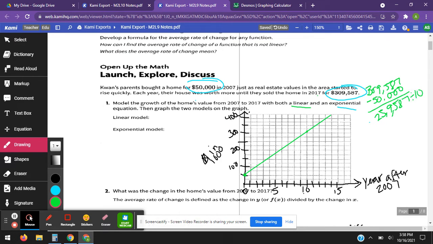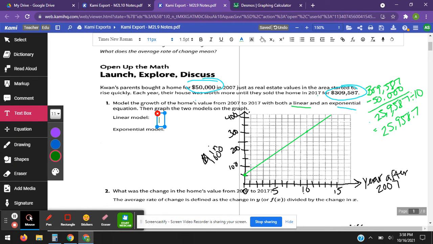And then I need to divide by the 10 years that we had. And so that's going to equal 25,958.7.